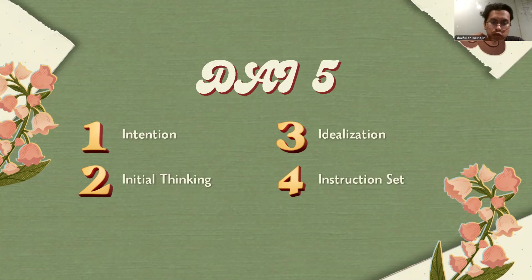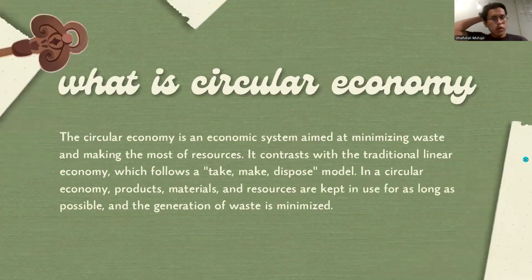The third point is idealization, where we formulate the equations according to the initial thoughts that we know. The fourth step is instruction set, where we solve the problem using equations that must adhere to rules or principles.